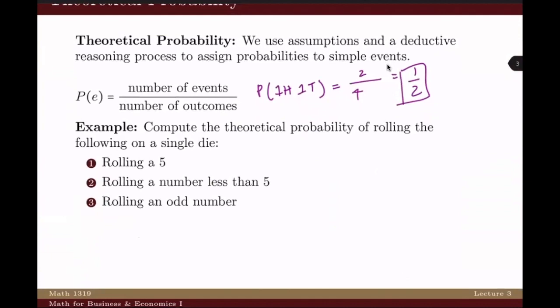Example, compute the theoretical probability of rolling the following on a single die. So the die has 1, 2, 3, 4, 5, or 6 dots on its sides on a standard die. So if we want to roll a 5, I can see that I have 6 outcomes.